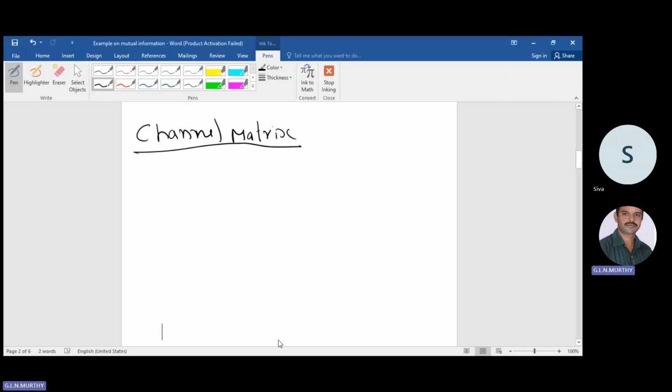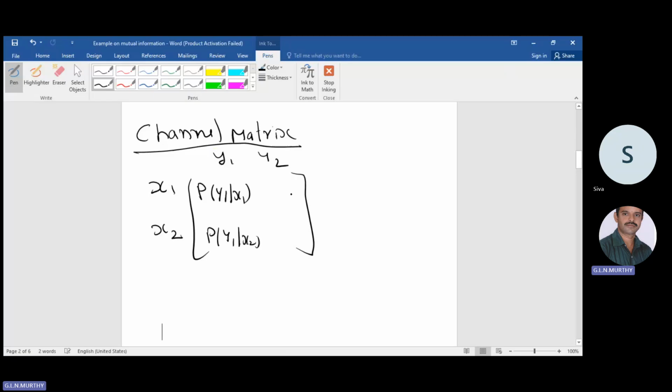The rows indicate input symbols and the columns indicate output symbols. In such a case, the channel matrix is generally given as P of y1 upon x1 and P of y1 upon x2.